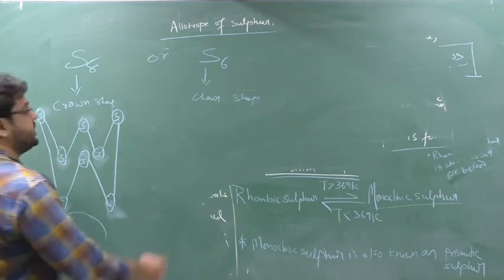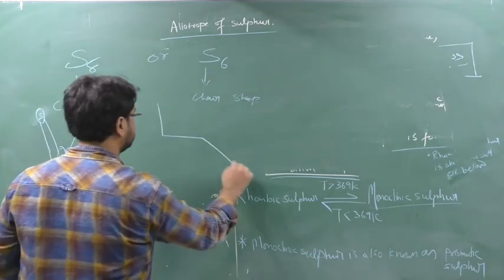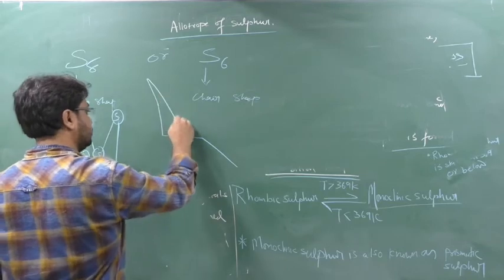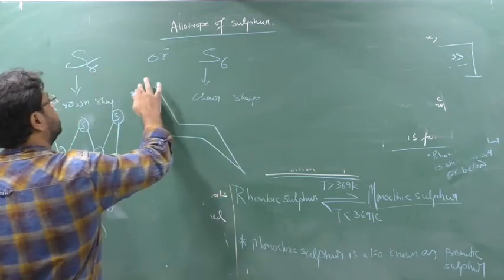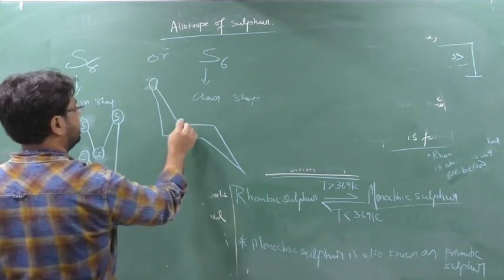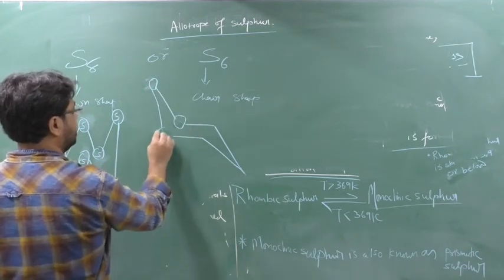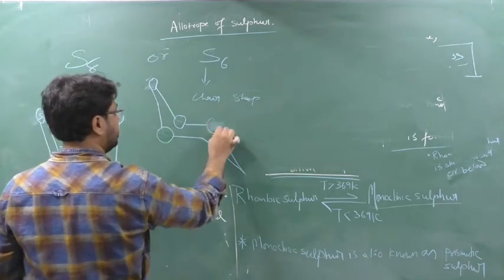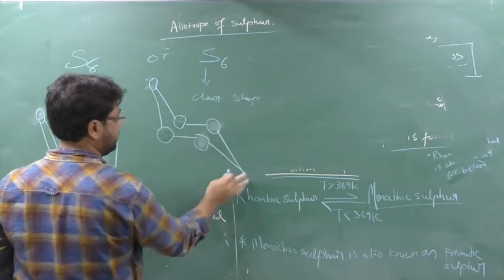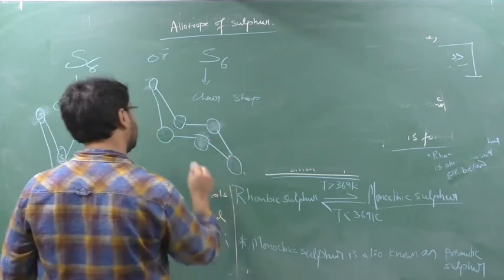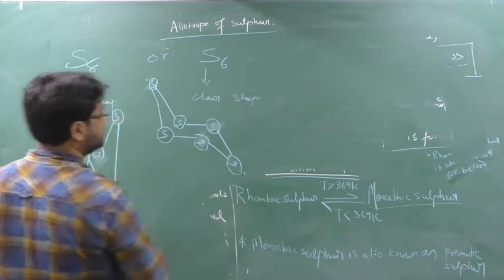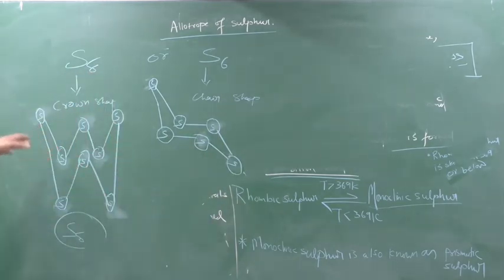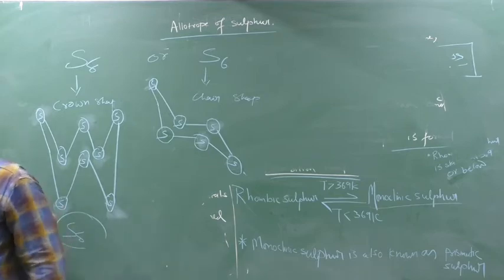We call this the chair shape, chair conformer. So this is the S8 ring and this is the S6 shape. So this is crown shape and this is chair shape. Clear this part? Write down next.